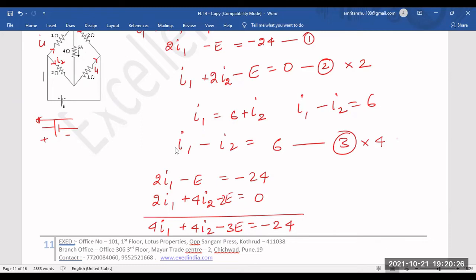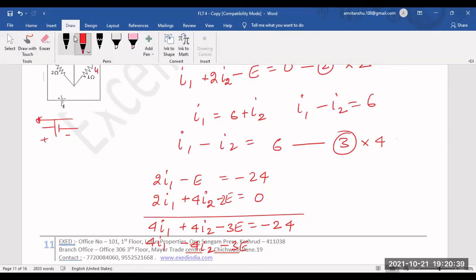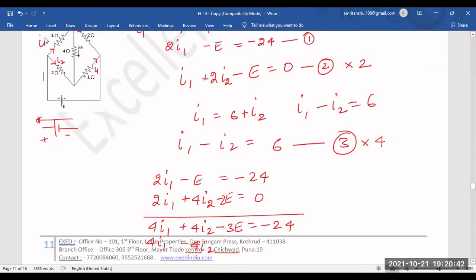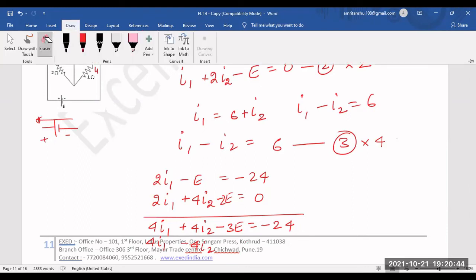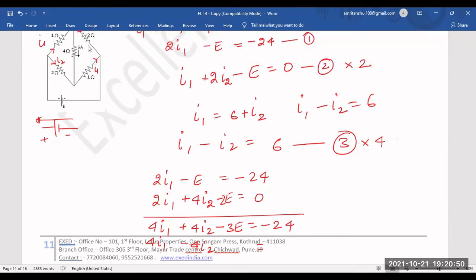So when I'm adding, what do I get? 4I1 minus 4I2 equals 24.